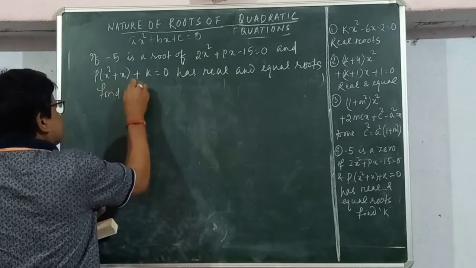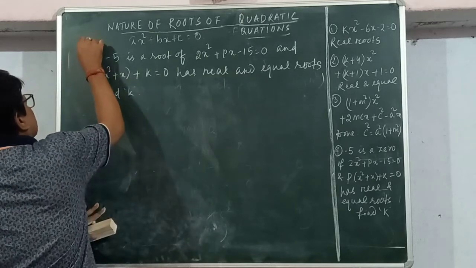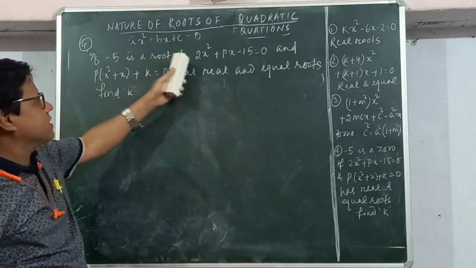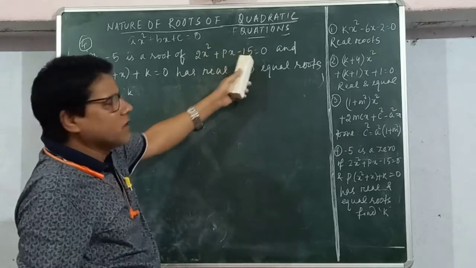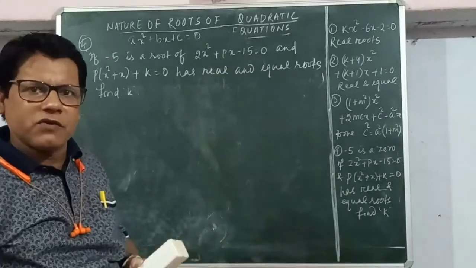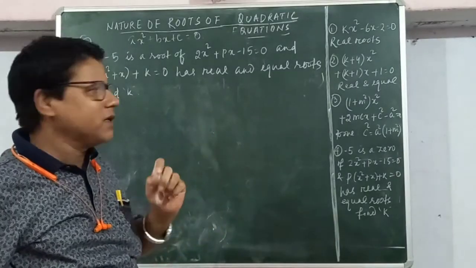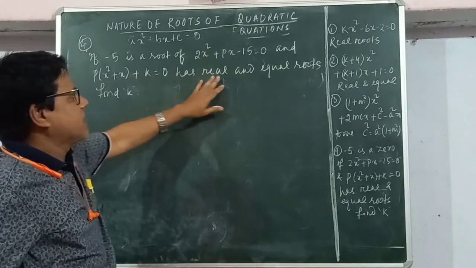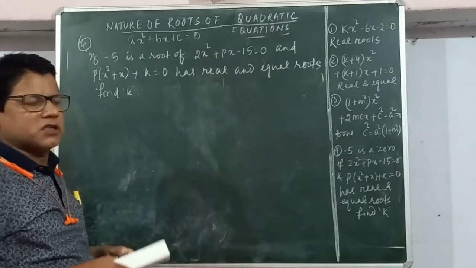If you consider this question, there are two steps. First step is minus 5 is a root of this one, from where you have to find out the value of p. Then putting the value of p, this becomes a quadratic equation, and you have to put the condition.